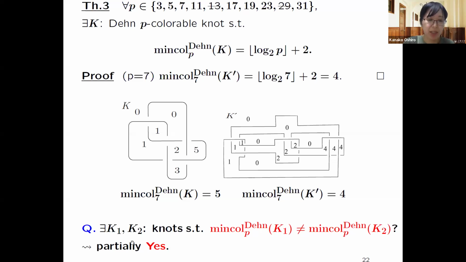So the answer is partially yes, because in this case, for this knot, the minimum number of Dehn 7 colors is equal to 5. And in this case, this knot, the minimum number of Dehn 7 colors of K prime is equal to 4. So they are distinguished by using the minimum number of Dehn 7 colors.